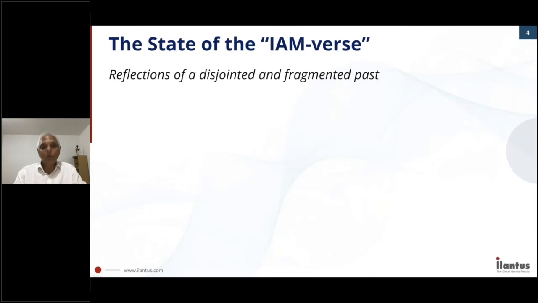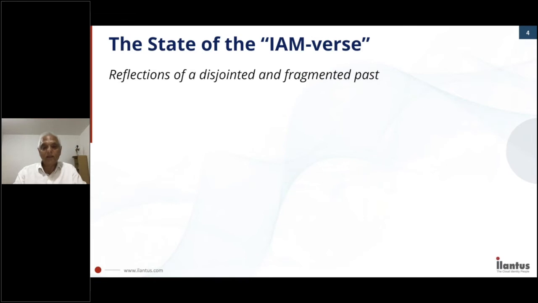So with all that in the background, the state of the IAM universe today is a reflection of a disjointed and fragmented past. And more than anything else, this is what has made it more complex.